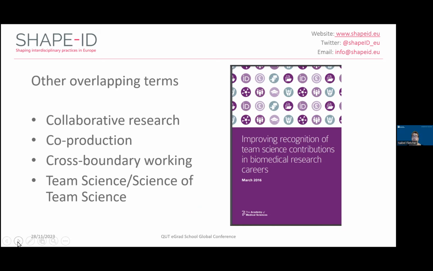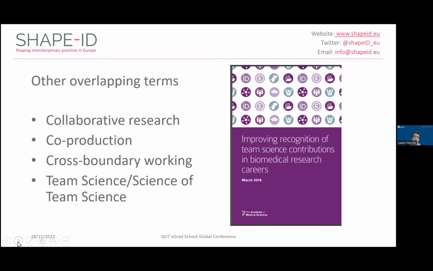Often, as I said, the terms inter and transdisciplinarity aren't very well defined. They're used quite loosely, particularly in funding literature. And there are a lot of other terms that are used. This is partly because different communities of academic and other sector practice use these terms and have developed ideas of good practice around them.